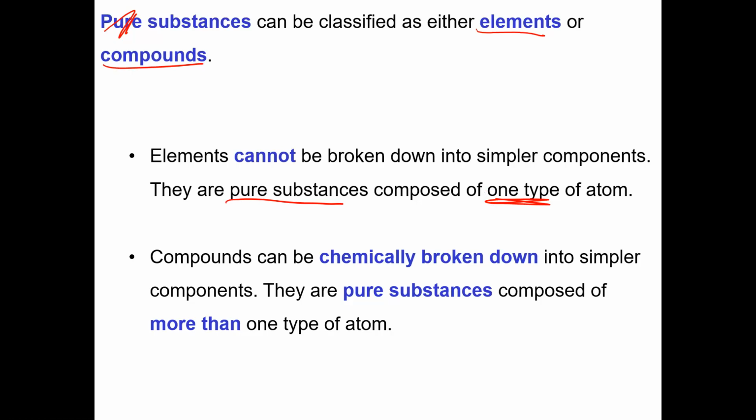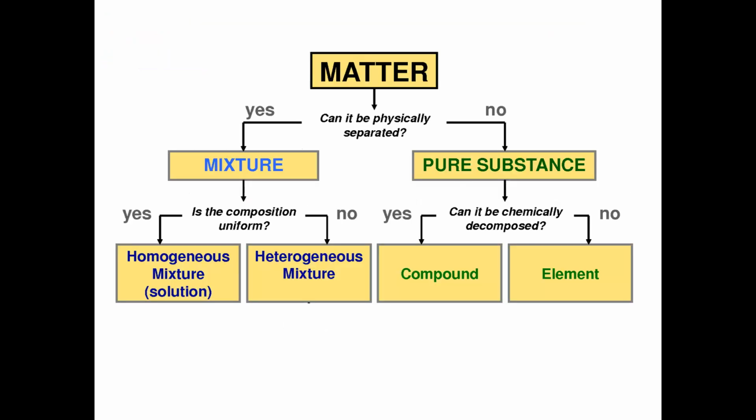Compounds, however, can be chemically broken down into multiple components. And that's because they're pure substances composed of more than one type of atom. So that's the distinction between these two types of pure substances.